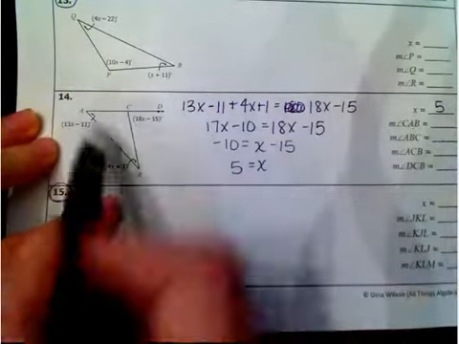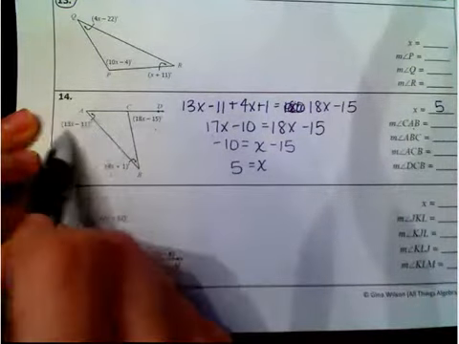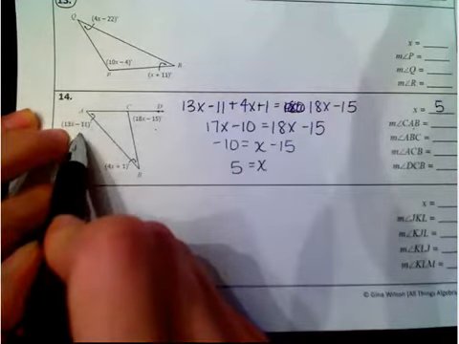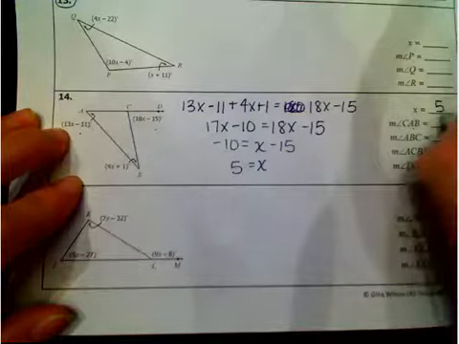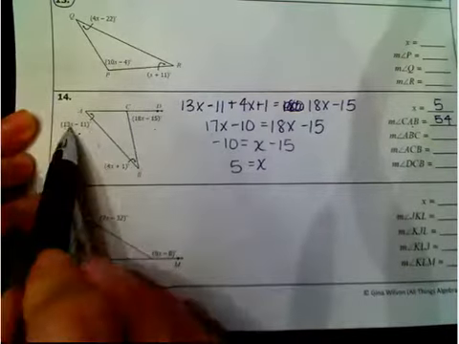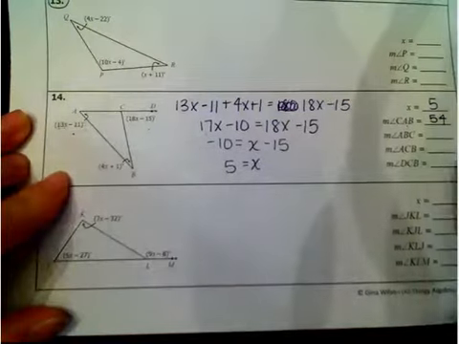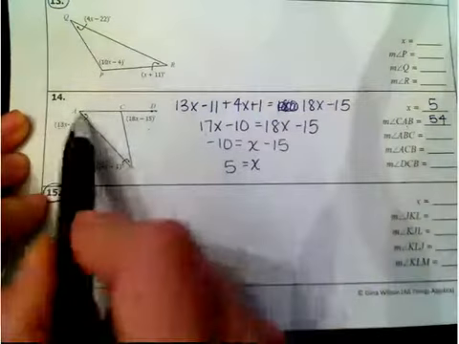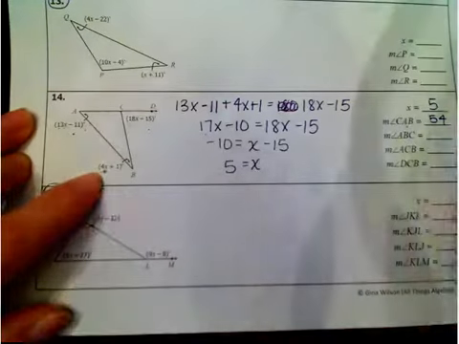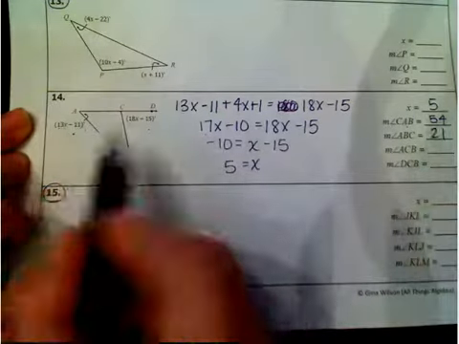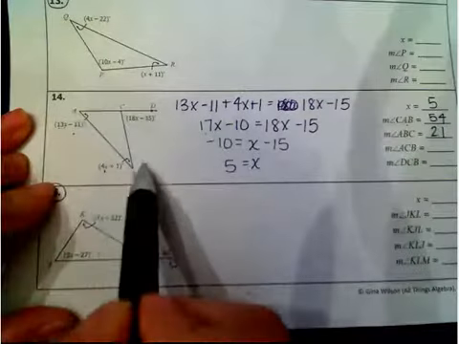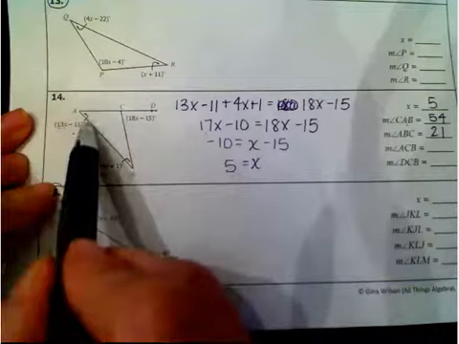All right, so now measure of angle CAB is 13x minus 11. So when I plug 5 in for x there, I'm going to get 54. 13 times 5 is 65. 65 minus 11 gives me 54. The measure of angle ABC is 4x plus 1. So 4 times 5 is 20, plus 1 is 21. Now, the measure of angle ACB, I don't have an expression for that, but I do know these two angles.